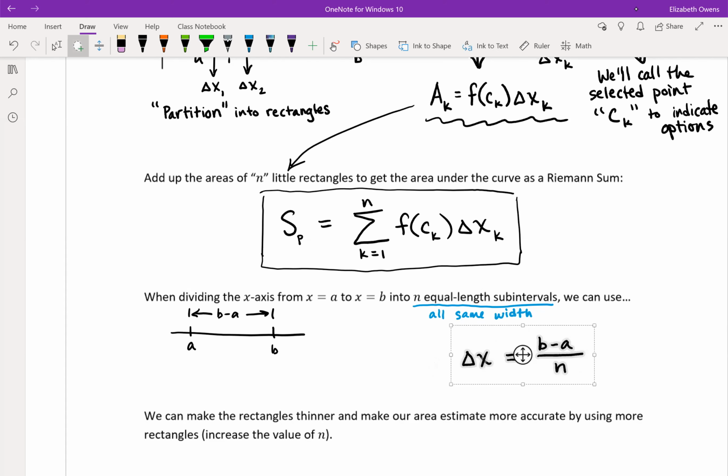Delta x is just making it nice and generic. This is a replacement for delta x sub k, because if all the rectangles are the same, we don't need to denote whether it's the first, second, third, kth rectangle. They're all just the same delta x. So we can ditch that little k and just say delta x is b minus a over n.